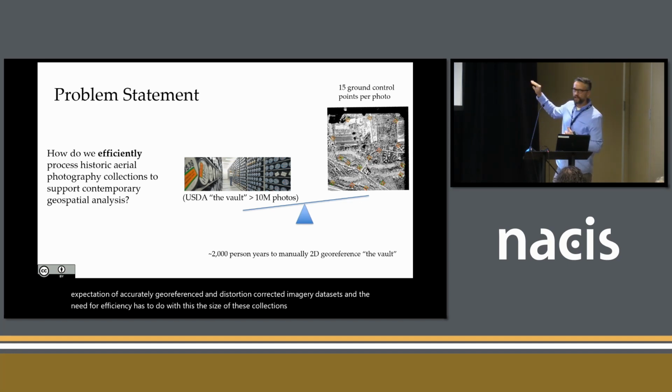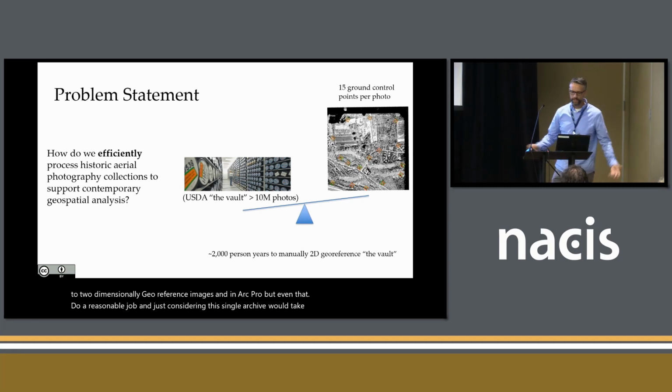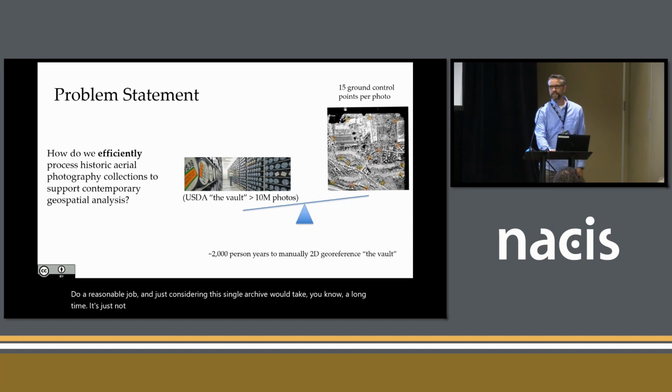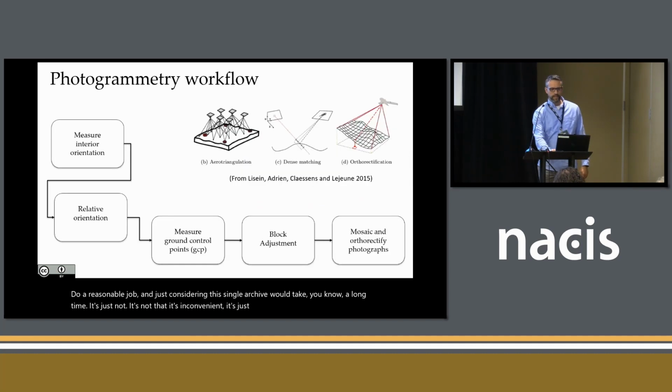Considering only a single archive from the US Department of Agriculture that houses almost 11 million photos, we have access to small armies of undergrads who know how to two-dimensionally georeference images in ArcPro, but even that, to do a reasonable job, and just considering this single archive, would take a long time. It's not that it's inconvenient, it's not feasible.